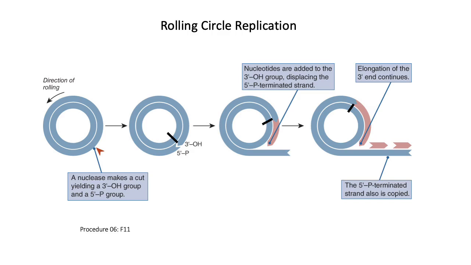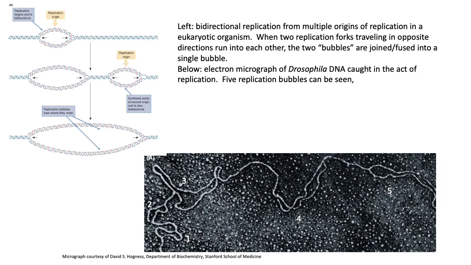And it continues until the entire center strand is replicated. So that's rolling circle replication. That is used in bacteria. You just basically need to know that it exists and that it is different than other types of replication. I'm not going to spend much time on that.